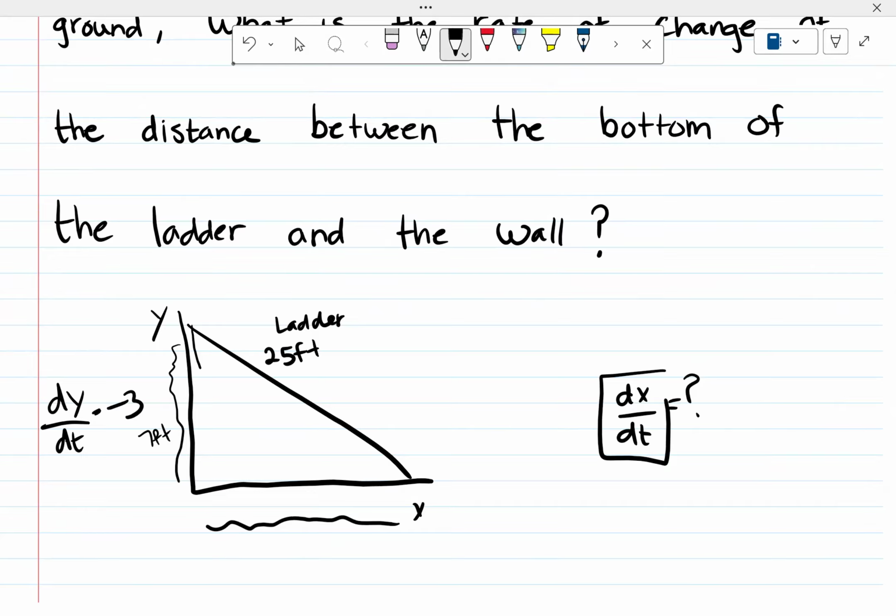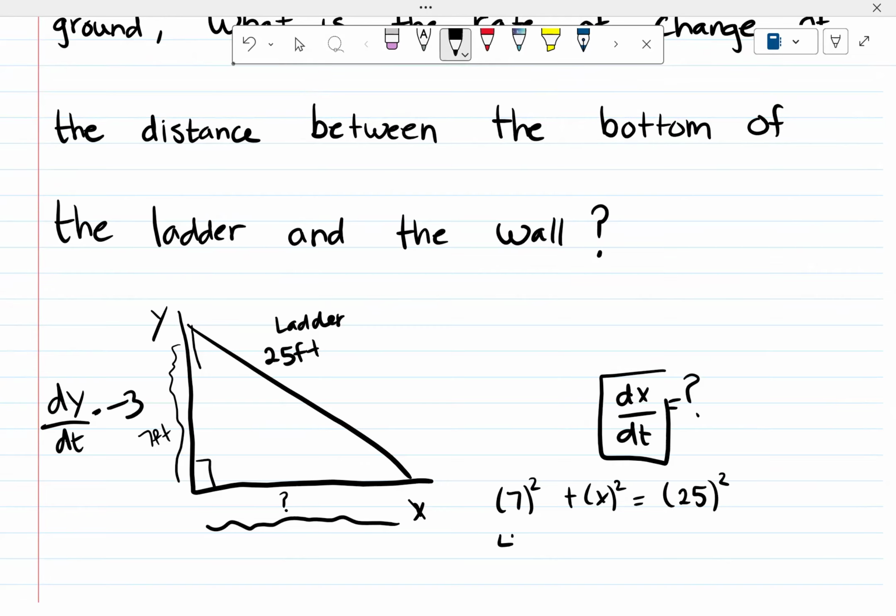So we have a right triangle. What I would do is first find out what this horizontal distance is. I can figure that out because it's a right triangle, so we can use the Pythagorean theorem. It'd be 7 squared plus x squared equals 25 squared, right?